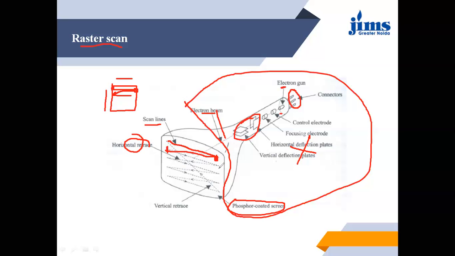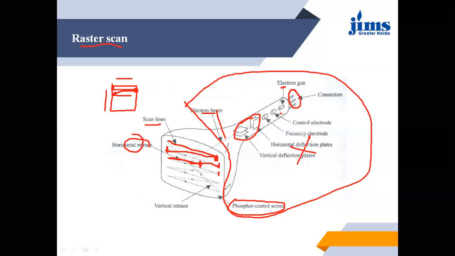You can see from here, this is a scan line, this is the next scan line. When the electron beam transfers from this position to this position, this is a horizontal retrace line.